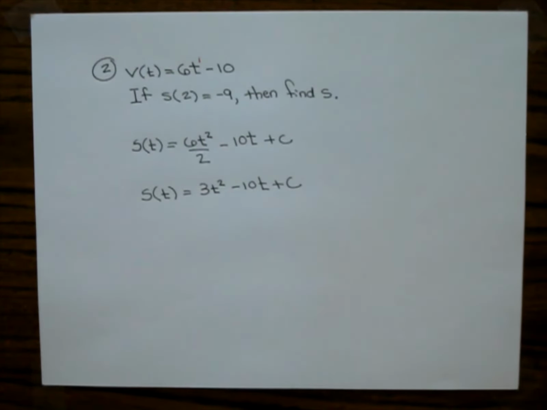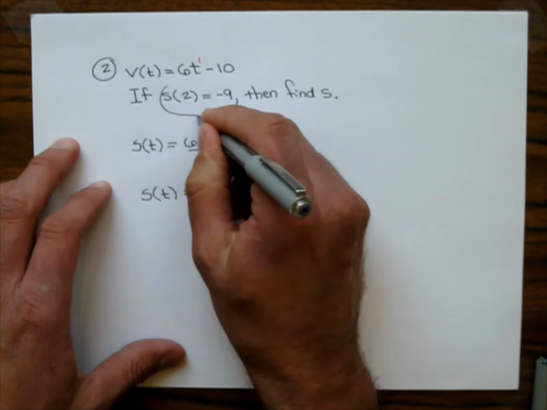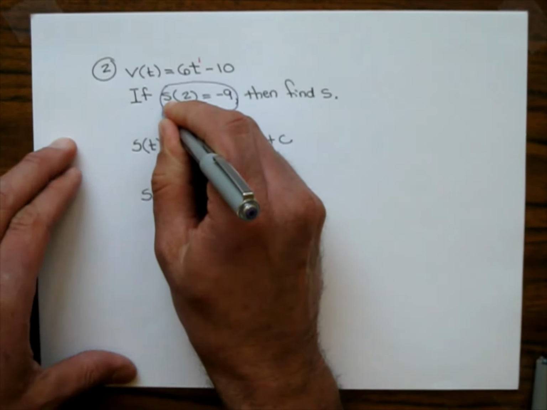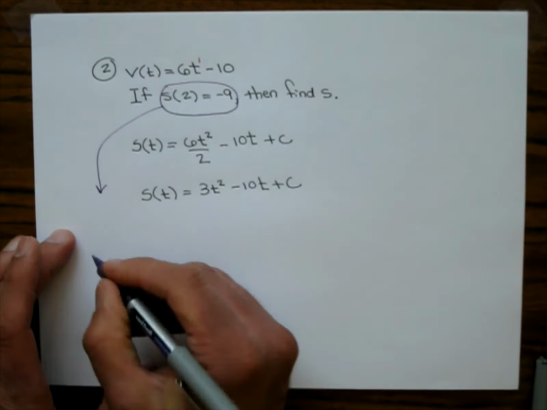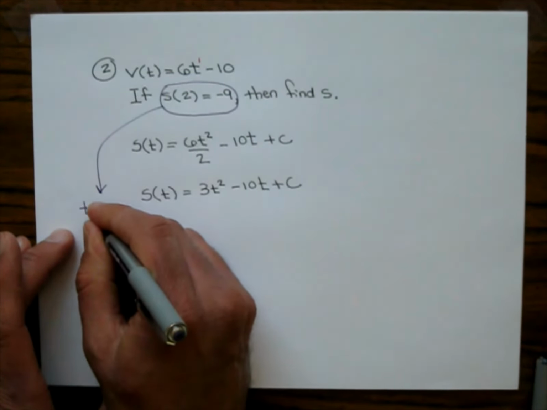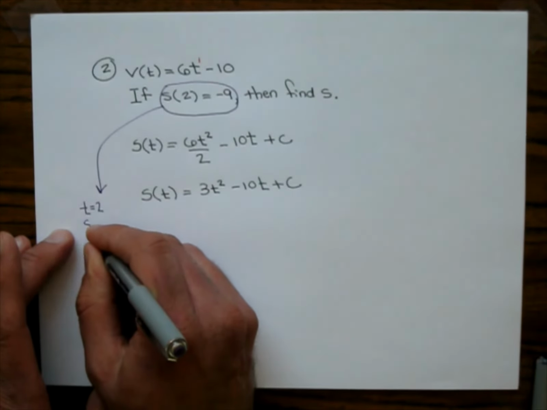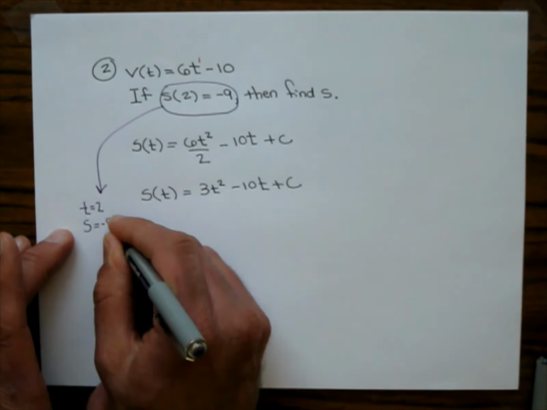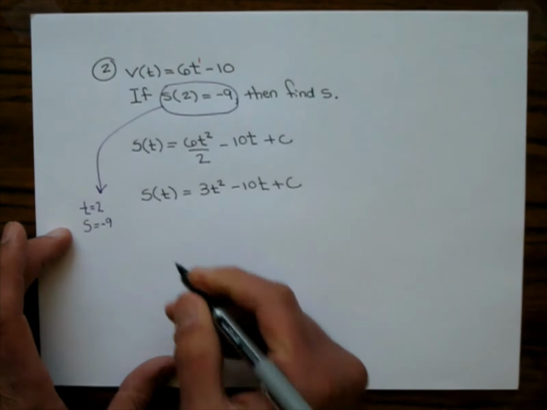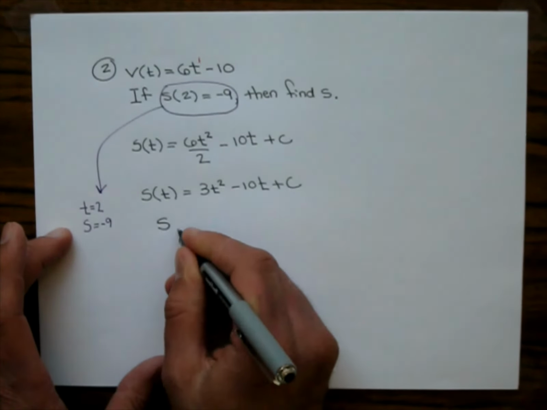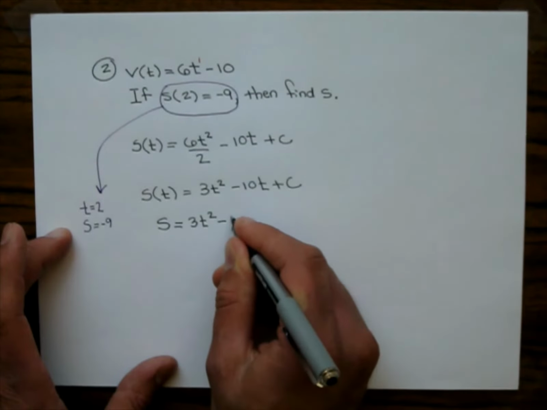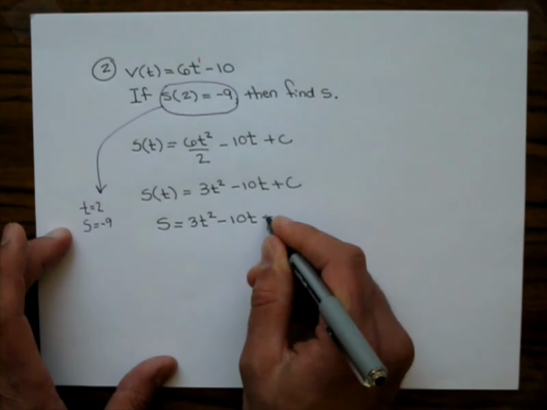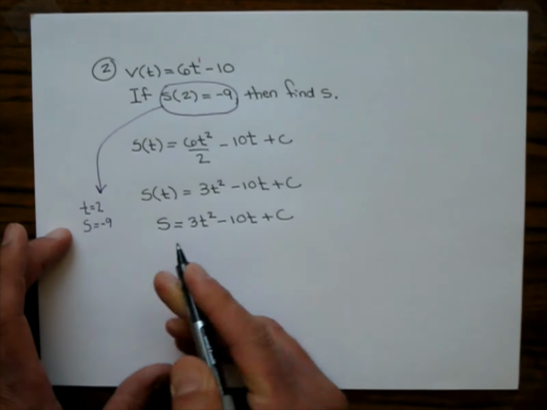My initial condition is right here, and this is going to help me solve for c. We have that time is 2, and S is -9. So this is really S equals 3t squared minus 10t plus c, and then we put those values in there.